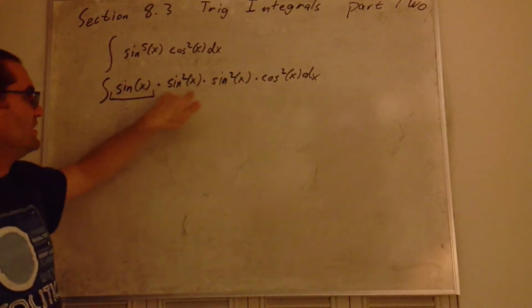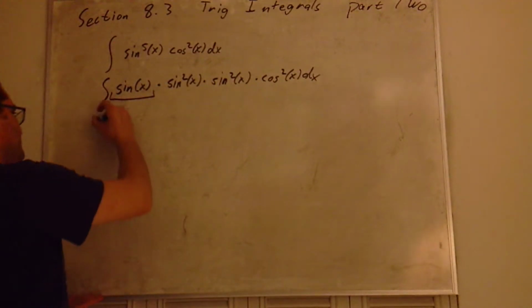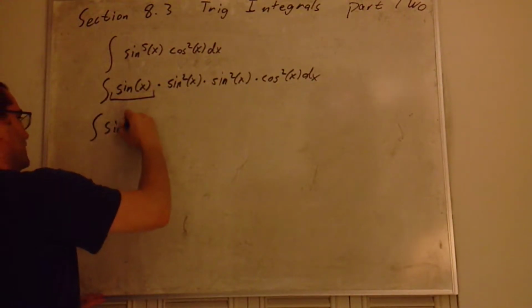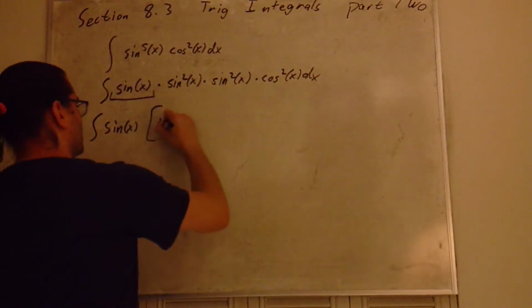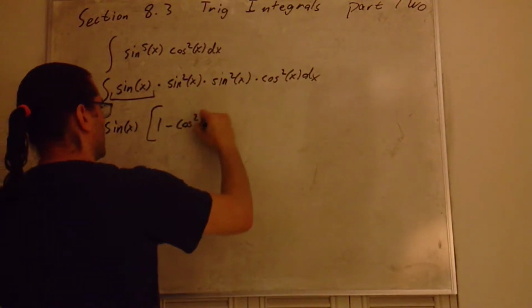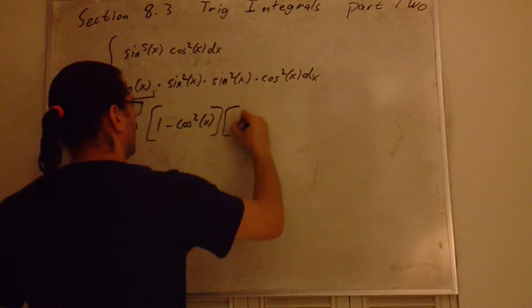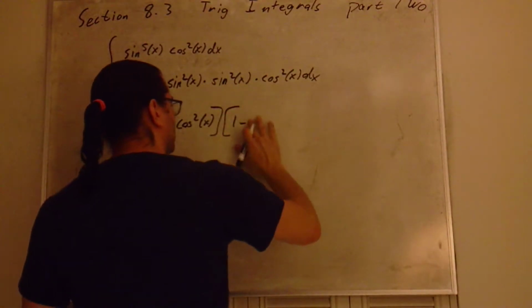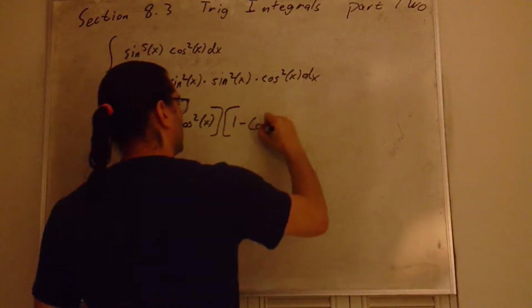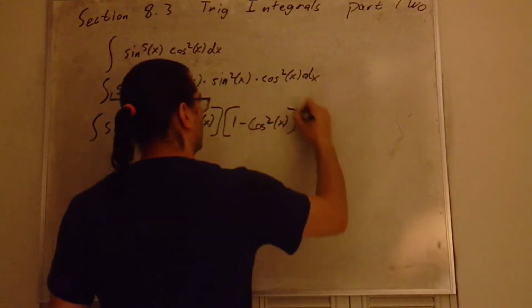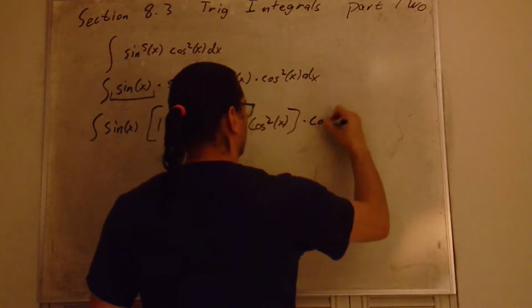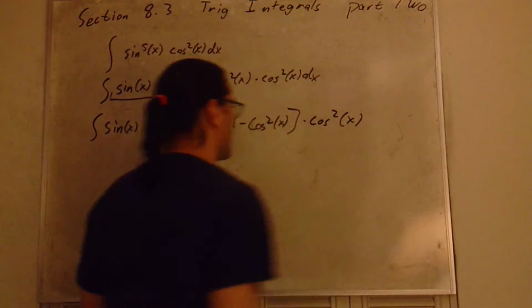These need to turn into cosines. So that's going to look like sine squared x. This is 1 minus cosine squared x. This is 1 minus cosine squared x. And this is still cosine squared x.